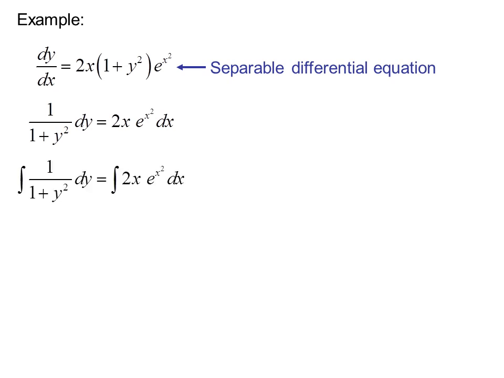Then we integrate both sides. On the right side, we'll let u equal x squared, so du equals 2x dx, so we can integrate by substitution. On the left side, there's a formula we recognize.